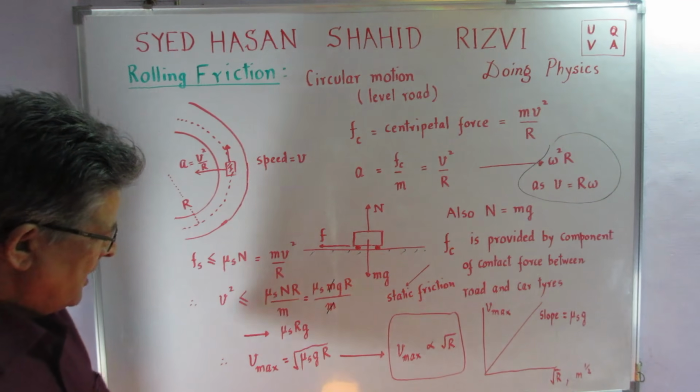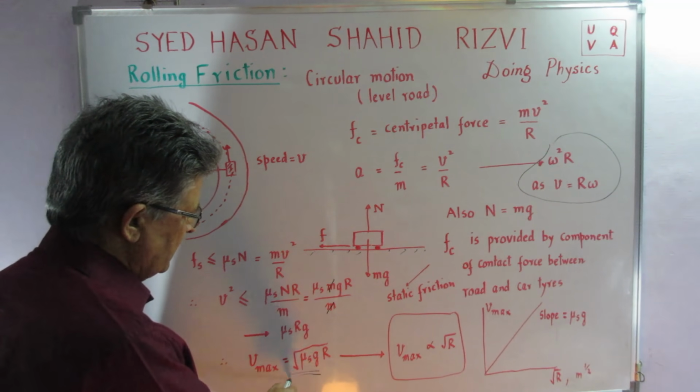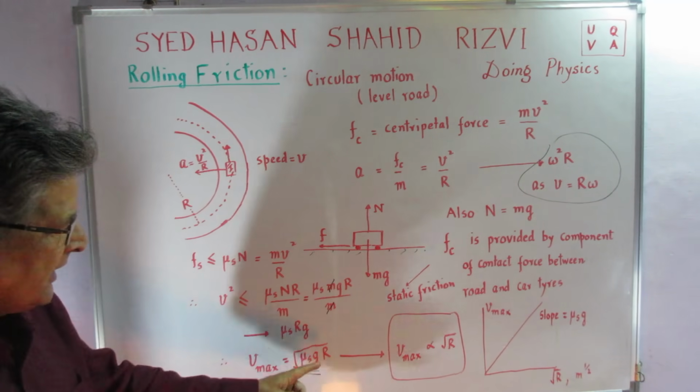Now in this part, under the root, mu s into g is a constant. R can vary.